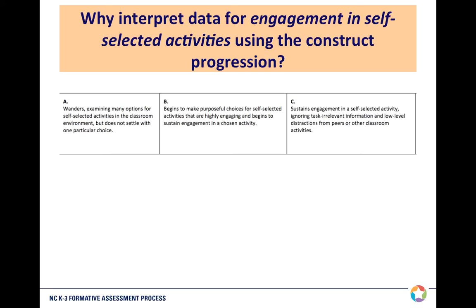Do they sustain engagement in a self-selected activity, ignoring task irrelevant information and low-level distractions from peers? So if somebody comes up and starts to talk to me, am I going to be able to ignore that? Or am I going to, at every distraction, stop my work?